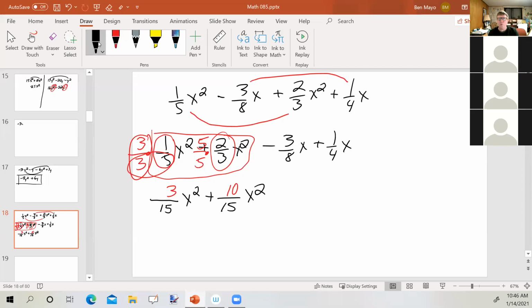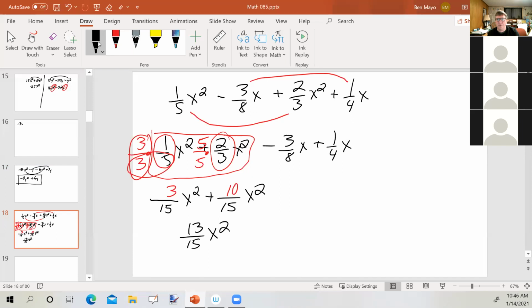Now that I have two fractions with the same denominator, I add the numerators over the common denominator. So 3/15 x squared plus 10/15 x squared becomes 13/15 x squared.